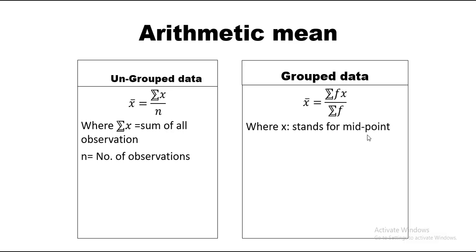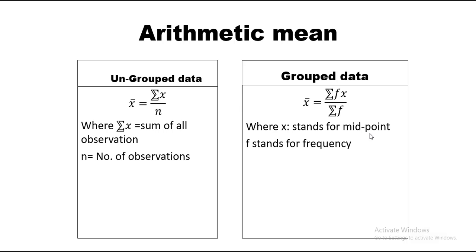It stands for the midpoint, and f stands for frequency, that means the total count of that class. One more thing: this formula is used for case 2 as well, that is simple frequency distribution. So we will use the same formula for simple frequency distribution and for grouped frequency distribution.